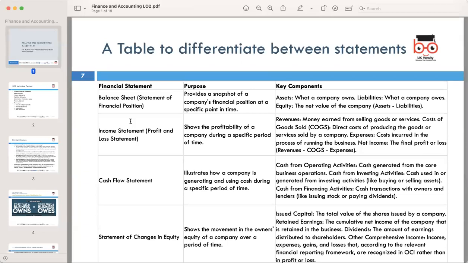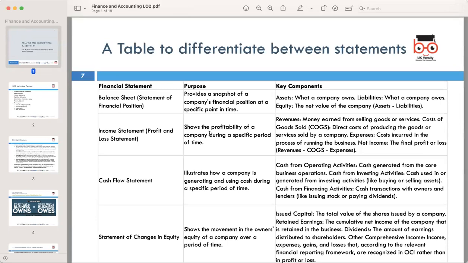So first we have the balance sheet, also known as the statement of financial position. This statement gives us a snapshot of a company's financial position at a specific point in time.